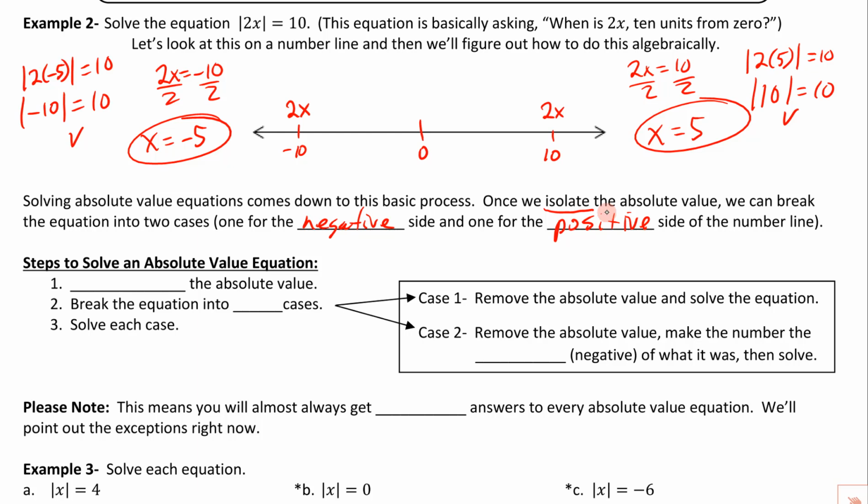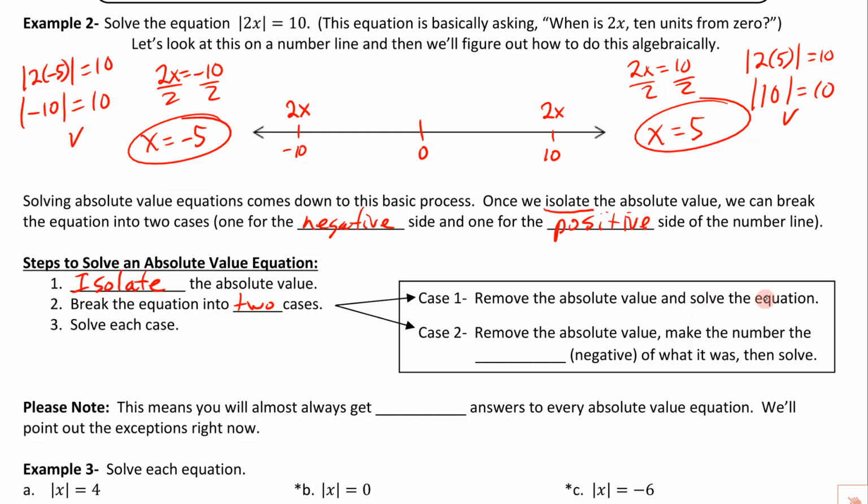Okay, so I've got some steps right here. When we're going to solve an absolute value equation, the first thing we're going to do is isolate the absolute value. So whatever that absolute value expression is, we want to isolate it. Then we're going to break it into two cases, and then we're going to solve those two cases. Now, I've got this breakout box right here to talk about those cases. The first case is we're just going to remove the absolute value and solve the equation.